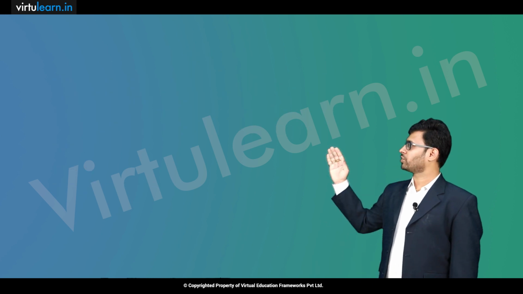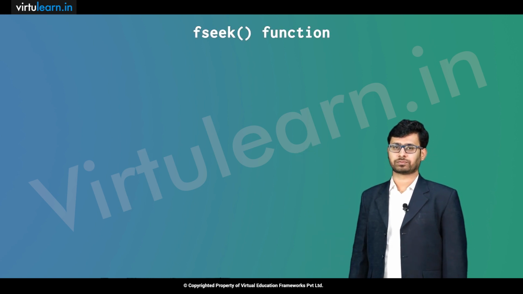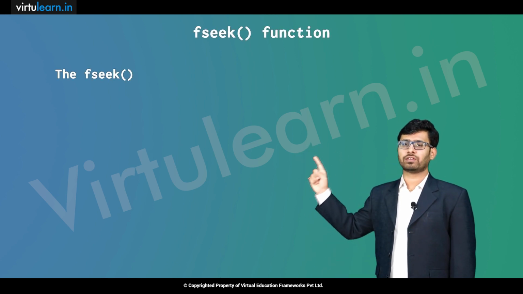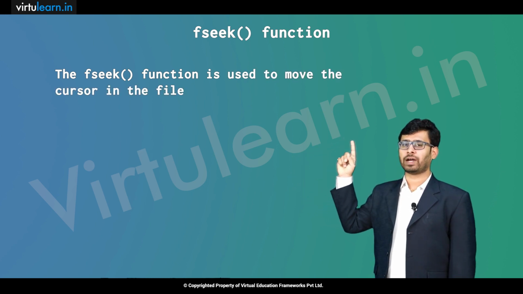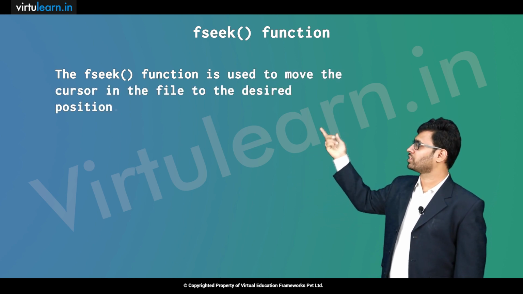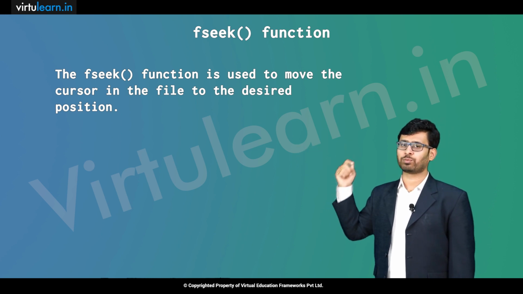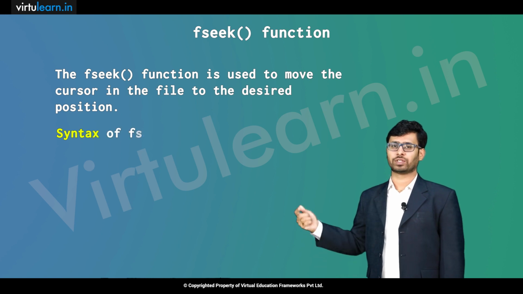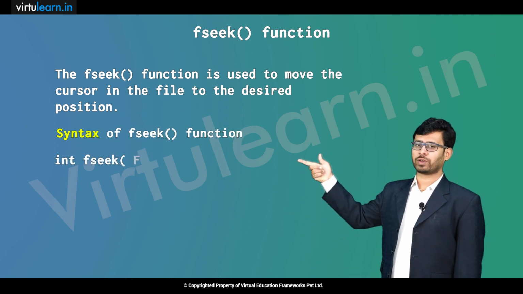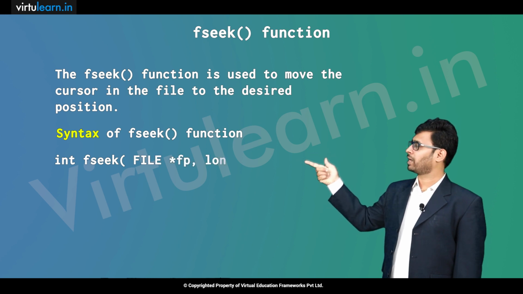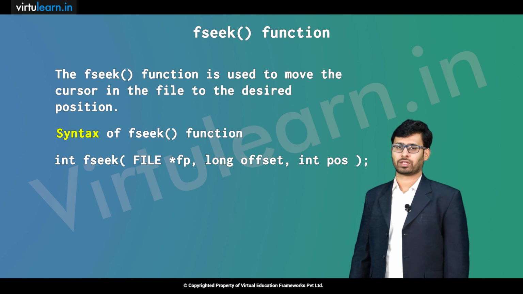Next, file positioning functions. In this we have fseek. fseek is the function which is used to move the cursor in the file to the desired position. So whichever position you want to move the file pointer to, you can move it to the desired position. The syntax for fseek is int fseek of the file pointer name, comma, the offset and the position.